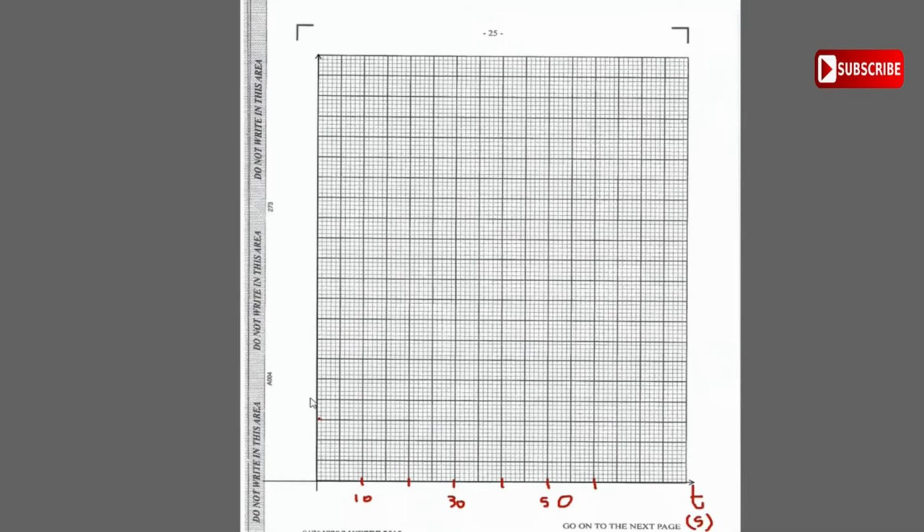So let's say 10, 1, 2, 3, 4, 20, 1, 2, 3, 4, 30. This is a better scale to use. 30, 20, 10. Let's say this is a scale that we're using.